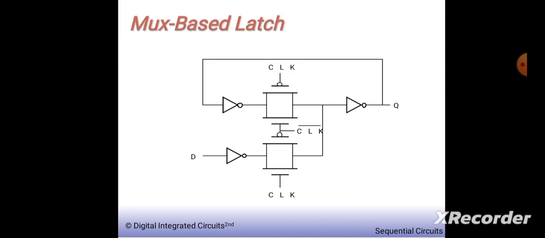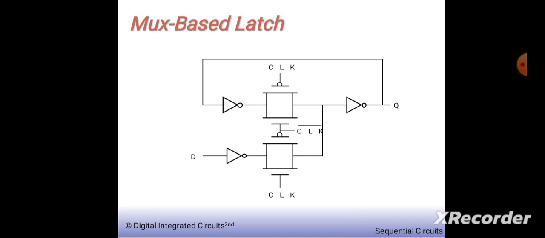Let's take clock as 0, what will happen? Transmission gate 1 will turn on, and transmission gate 2 will turn off. So whatever we are passing as input, that is D, will be held by the latch.